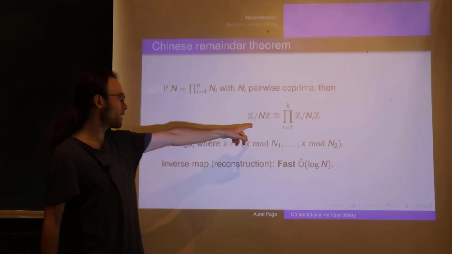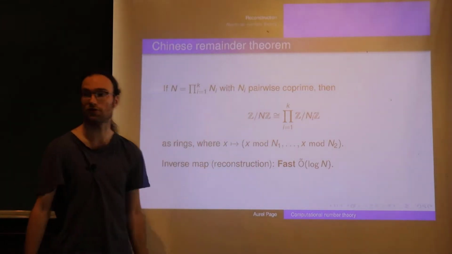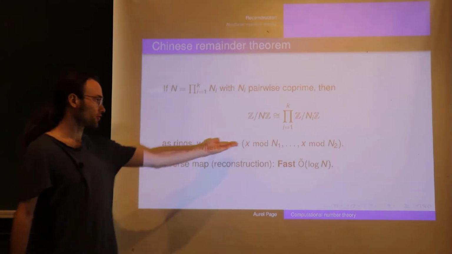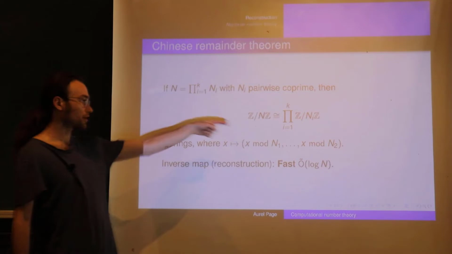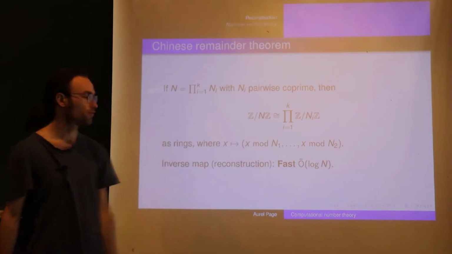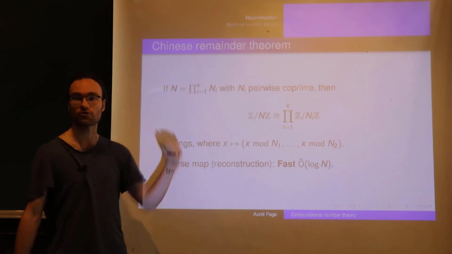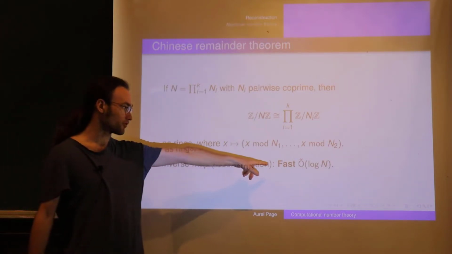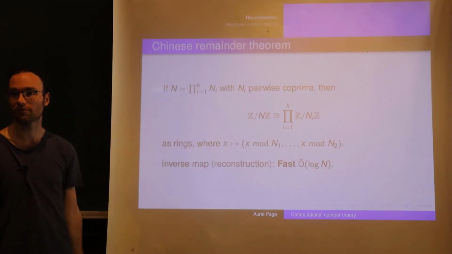Well, if you choose pairwise coprime integers, you know that Z mod nZ is isomorphic to the product of the Z mod n_i Z, just by reducing modulo the n_i. And so the direct map is the easy one. You just reduce modulo the small primes. And the inverse map is the reconstruction one. And this can be performed with a fast algorithm, so really quasi-linear. So it's very efficient.